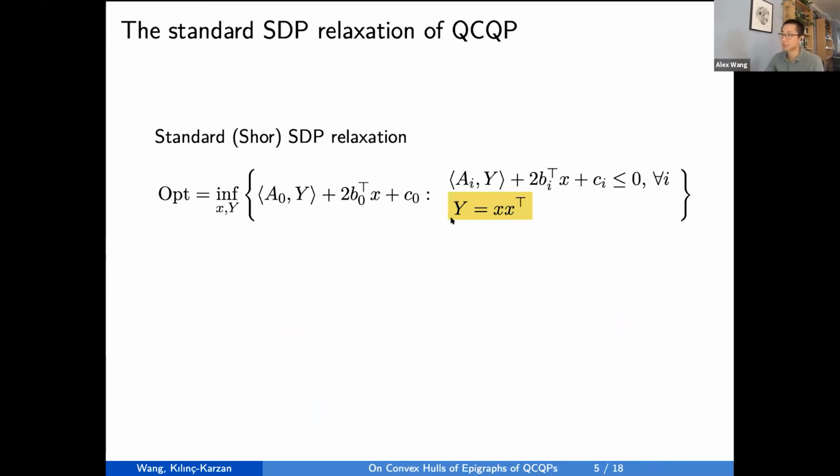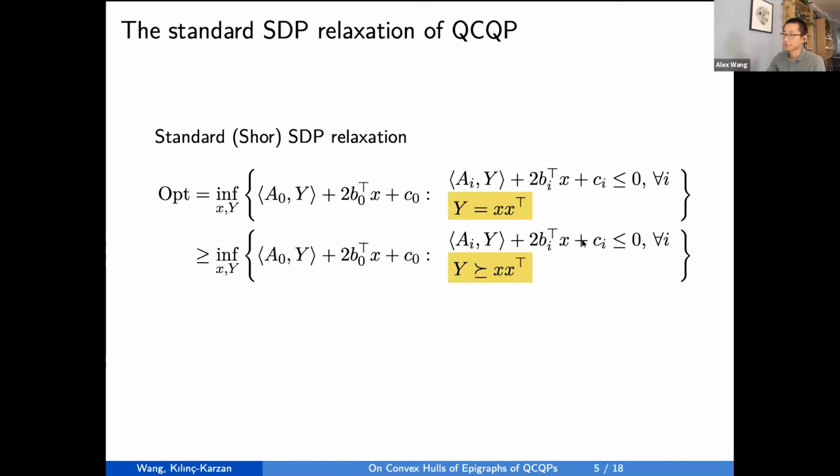Because we now have access to this capital Y, I can replace each of my original quadratic forms, x transpose A x, with the trace inner product of A and this new matrix Y. And I'm simply going to relax this Y equals XX transpose constraint to the constraint that Y minus XX transpose is positive semidefinite. This program here I will refer to as the SDP, and I'll refer to its optimum value as opt_SDP.